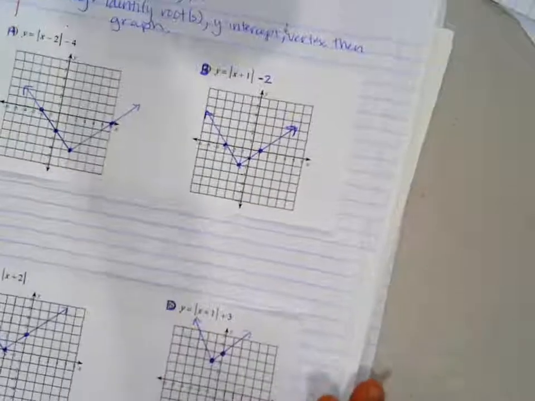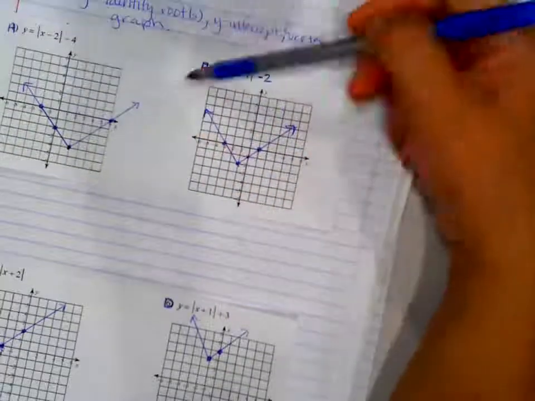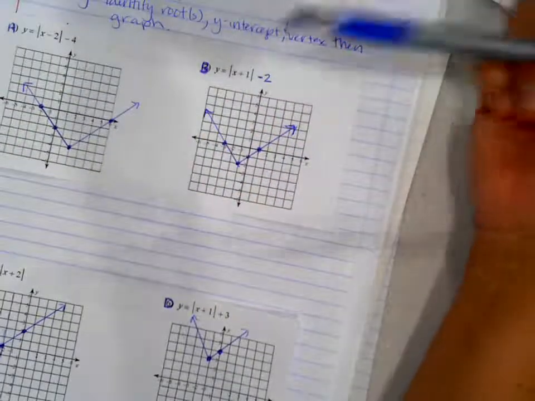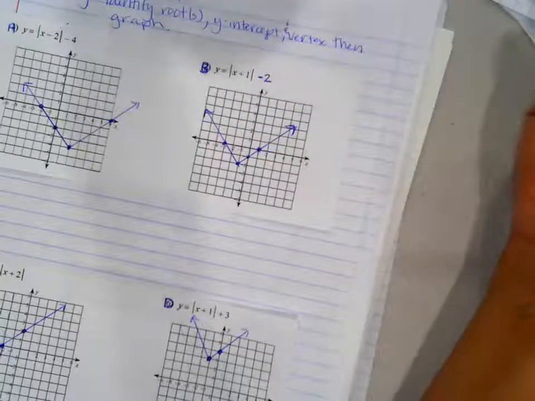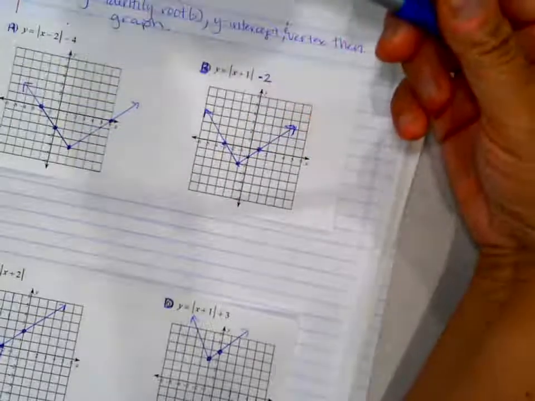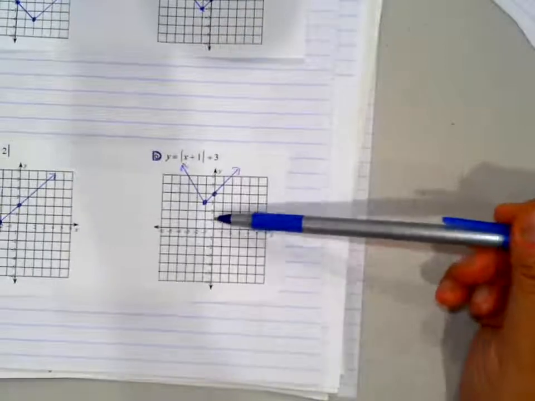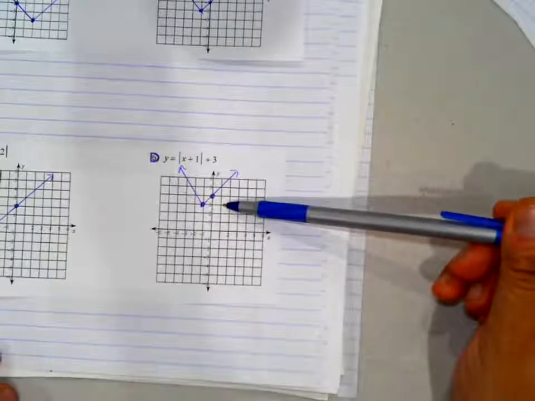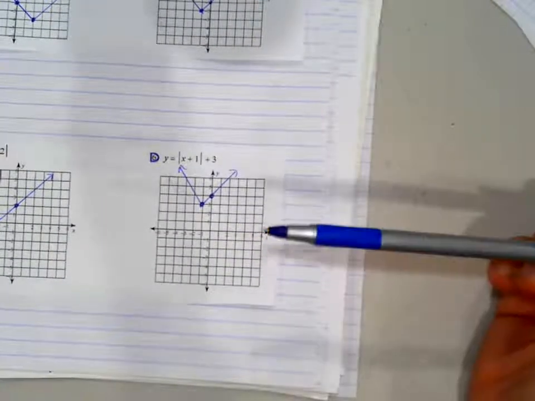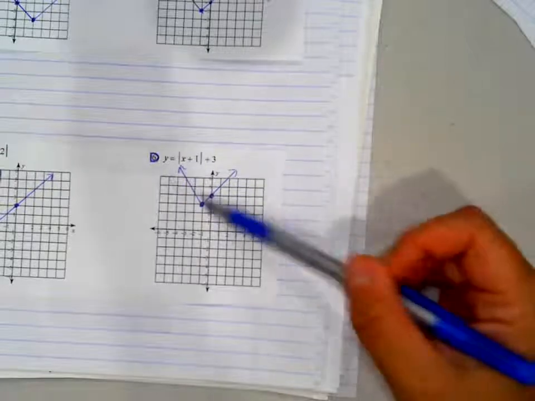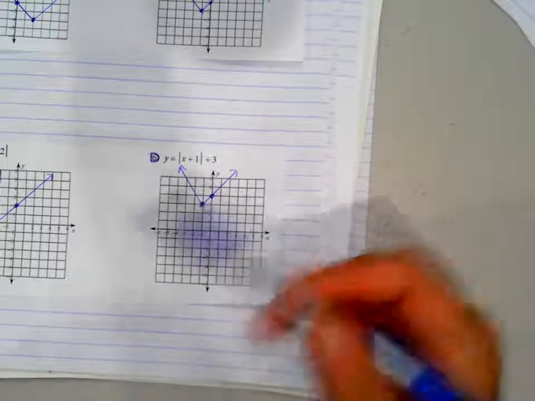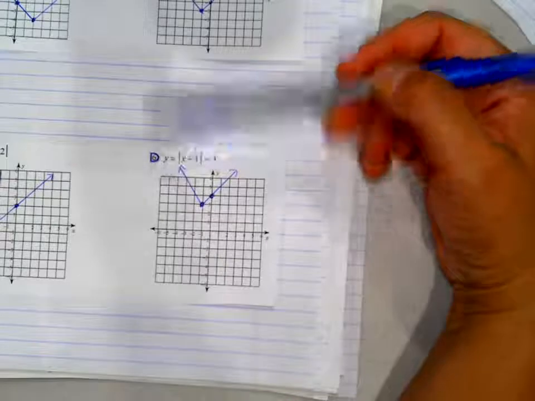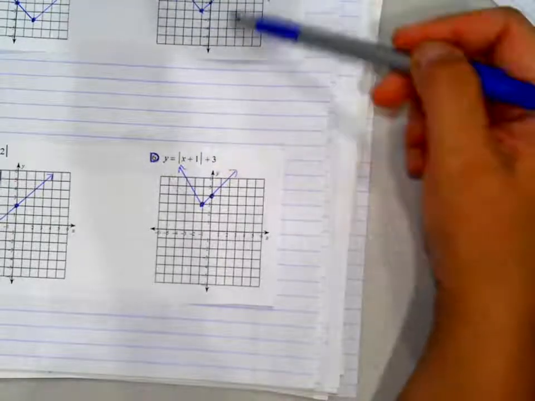There's also, look at this graph and tell me what the x-intercept or y-intercept is, or how many solutions this graph has. That's an easy one: it has none. So you're going to have to be able to look at graphs and answer questions about them, not just graph them.